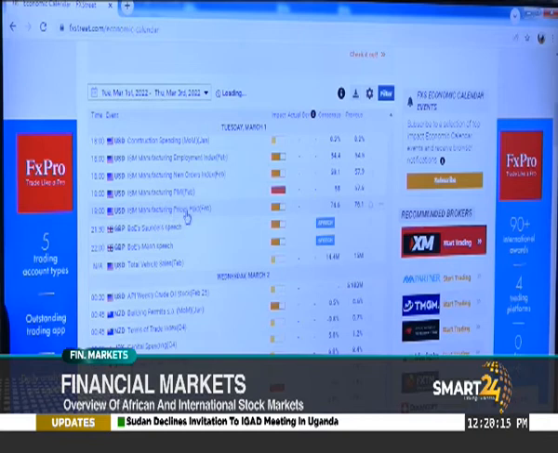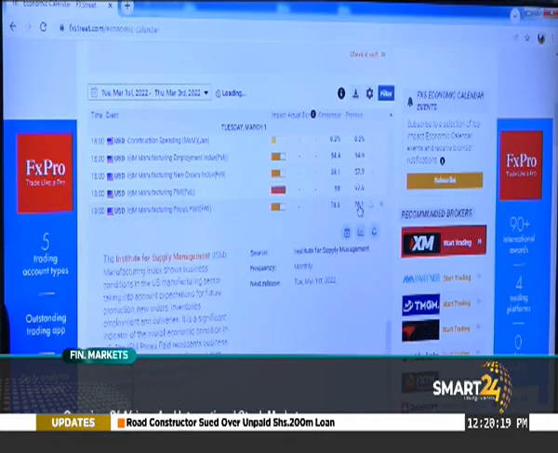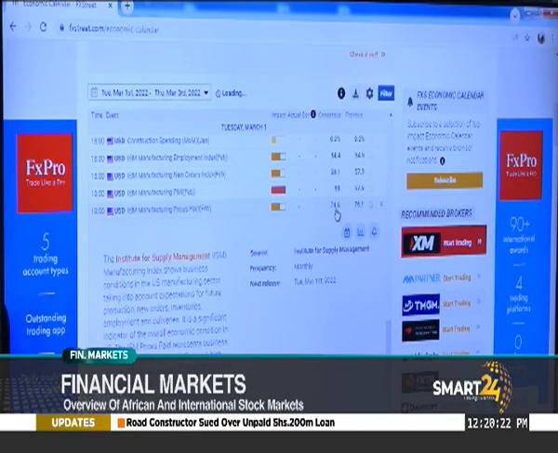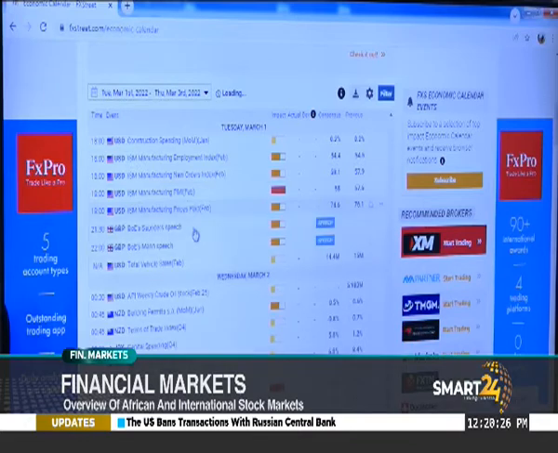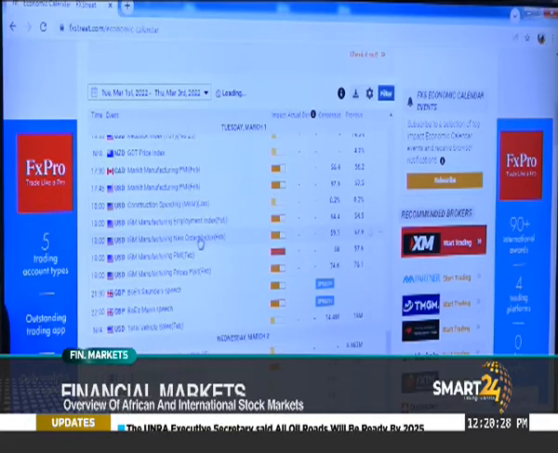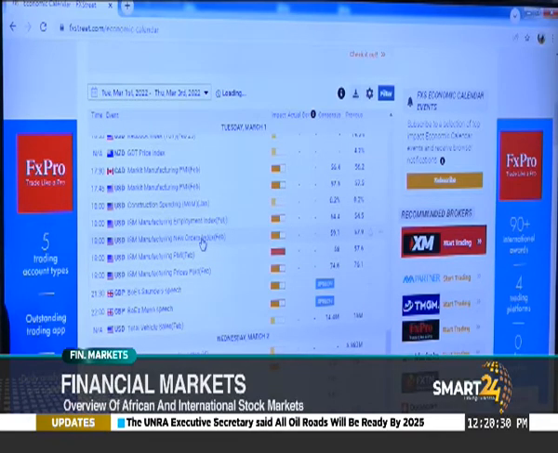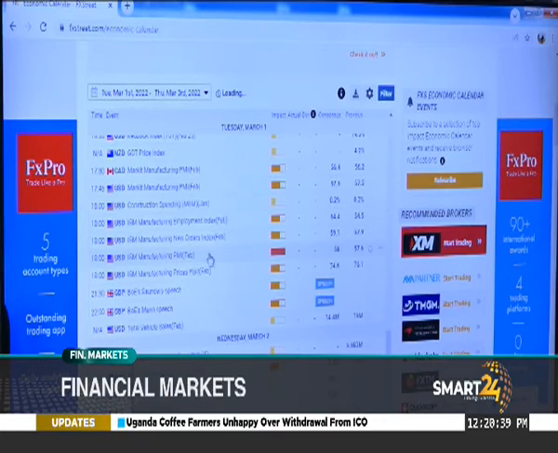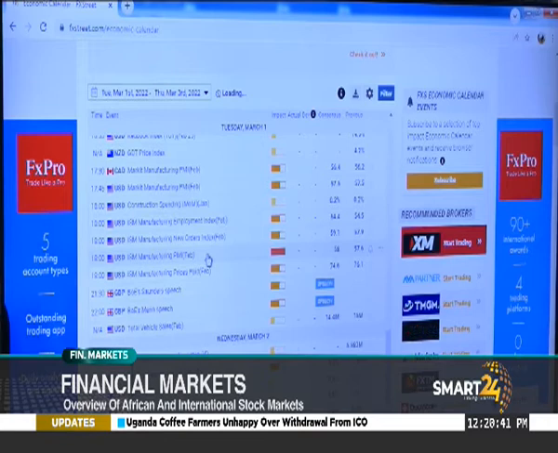For all these other events, the manufacturing prices paid shows a reduction from 76.1 to 74.6, so this one is negative. The new orders is positive, rising from 57.9 to 59.1. But the main event here, the ISM Manufacturing PMI, has a positive expectation.